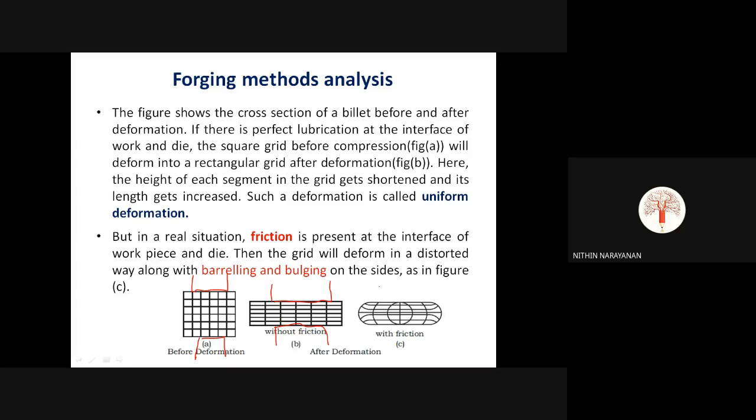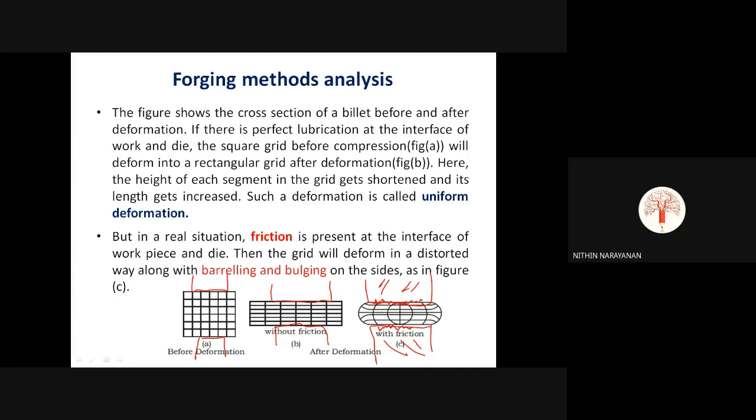But in a real situation, what is happening? This will be the die. So what is happening while squeezing? We know that the friction force will be here, right?